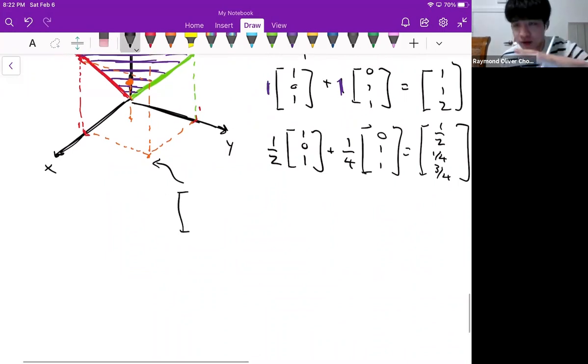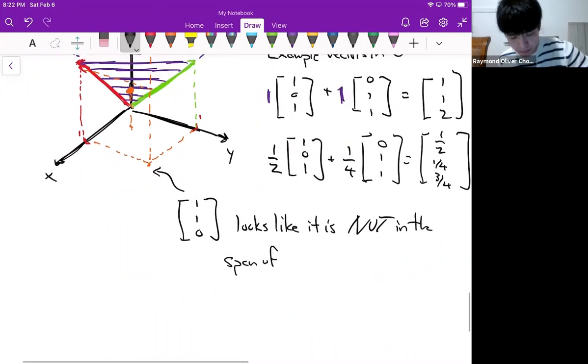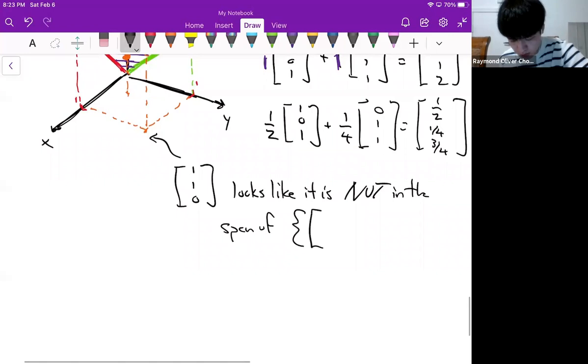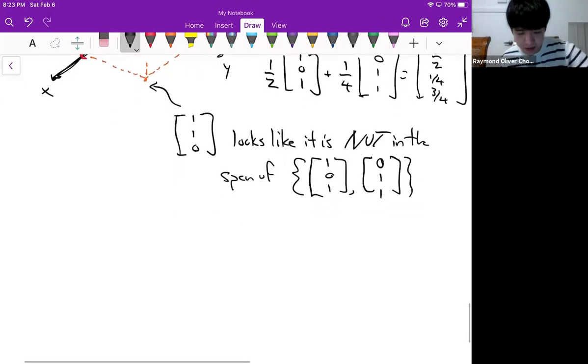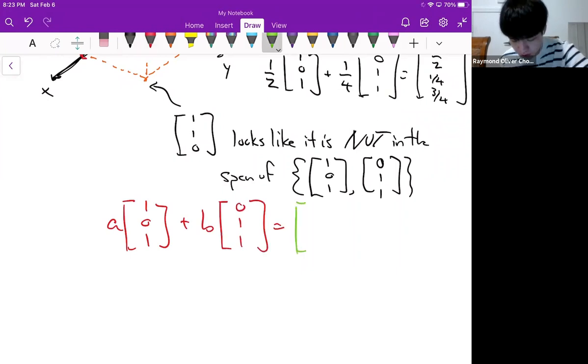Apparently this picture would suggest that the point 1, 1, 0 is not in the span of 1, 0, 1 and 0, 1, 1, right? Okay, well, let's show that, right? So let's say I have two numbers, A times 1, 0, 1 plus B times 0, 1, 1 equaling your mystery vector, right? 1, 1, 0.